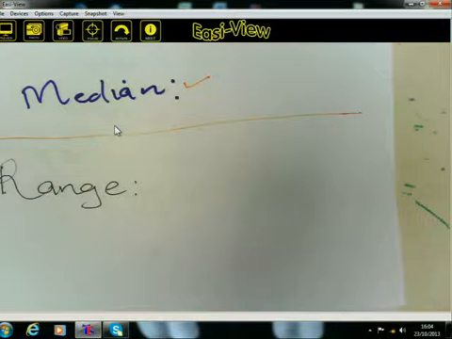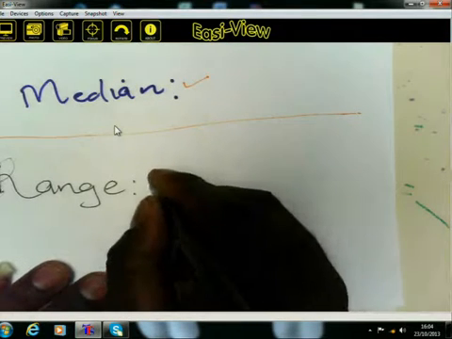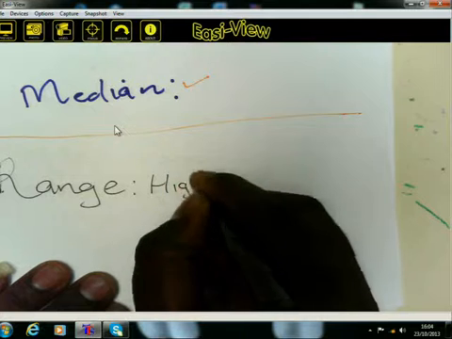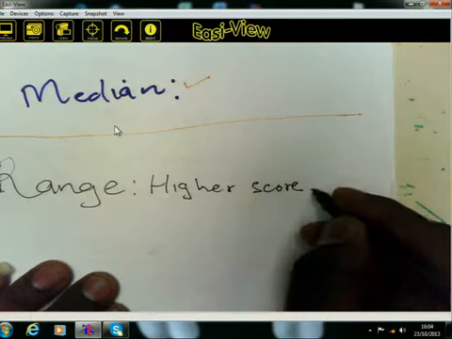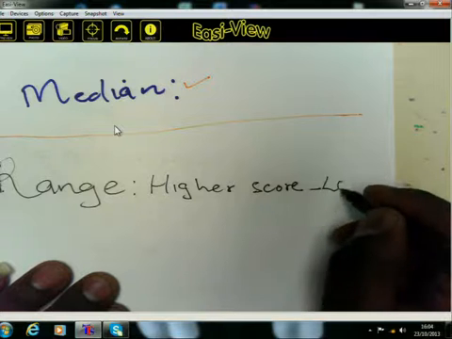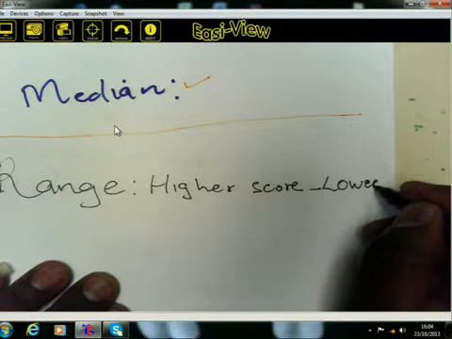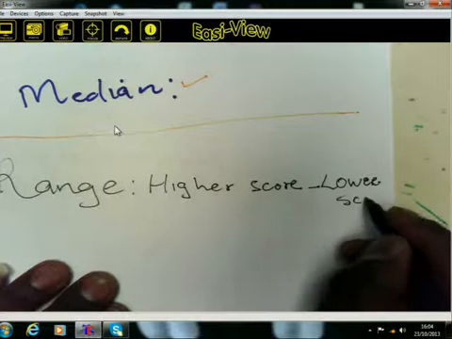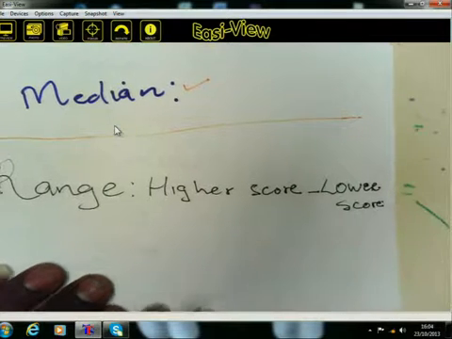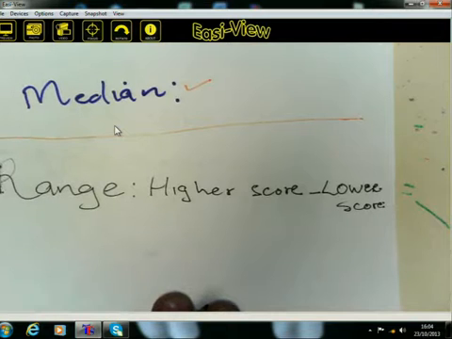You are saying the higher score minus the lowest score. That means a range is equal to the higher score minus the lower score. That is important. That is what is called a range.